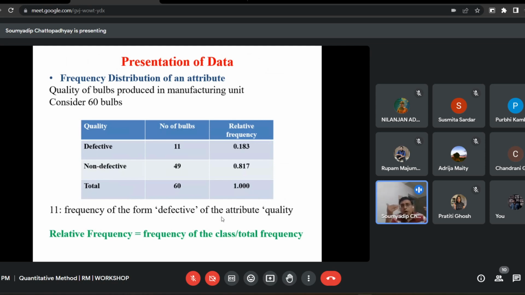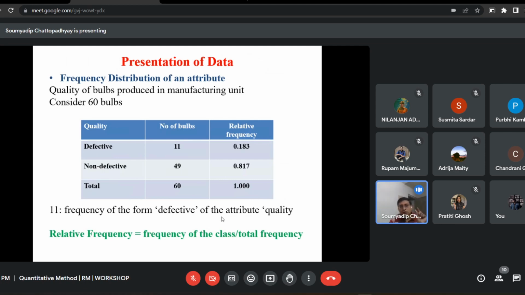Suppose you are doing a survey on a particular manufacturing unit which is producing bulbs, and you are interested to examine the quality of the bulbs produced in that unit. For that you take a sample of 60 bulbs, and you find that 11 out of those 60 bulbs are defective and 49 are non-defective.